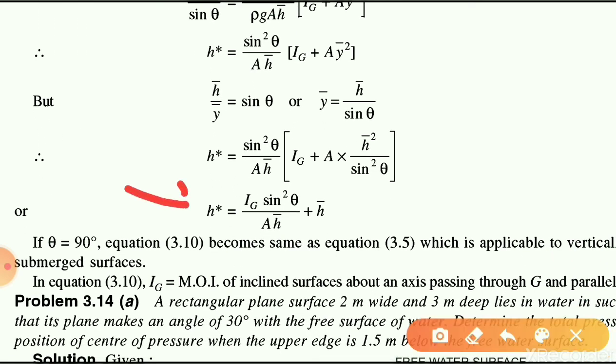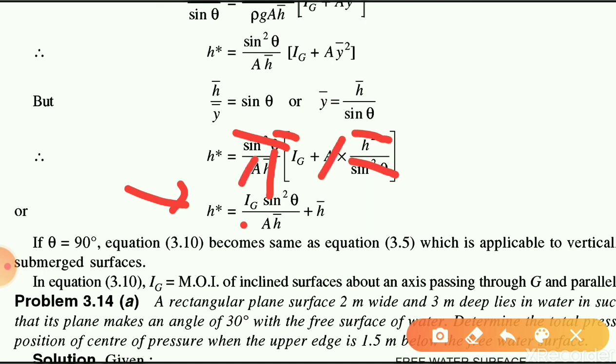h* is equal to Ig sin²θ, this is Ig multiplied by sin²θ divided by h̄, and if you multiply this term, the sin²θ will get cancelled, the square of this h̄ will get cancelled with one h̄, and the A and A will get cancelled.